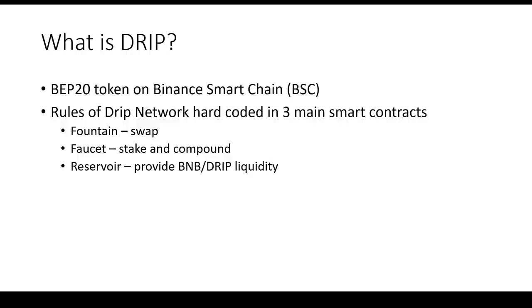Lastly, the Reservoir contract is the liquidity provider contract. You can stake or deposit your BNB tokens and provide liquidity for the BNB Drip pair. I will not be getting into the Reservoir in this video.